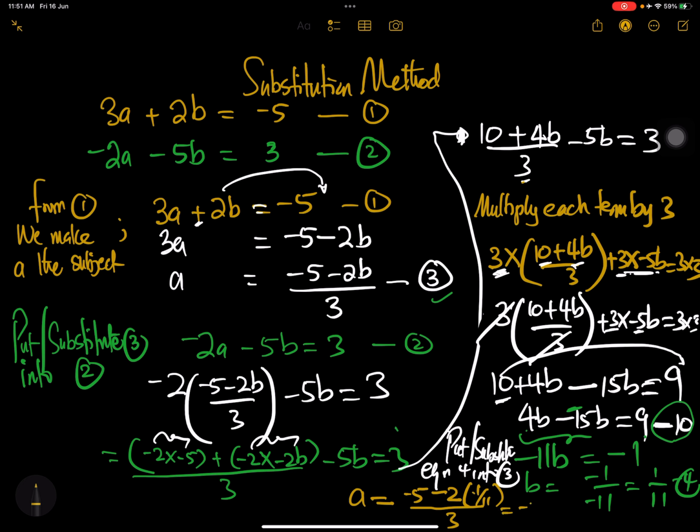And we get negative 5 minus 2 over 11, divided by 3. And when you solve it, we should be able to get the value of a. I hope this helped. If it's not too clear, it's a bit messy and blurry, don't worry. You can pause the video, go back a little bit, just so that you can refresh your mind and get back to speed.